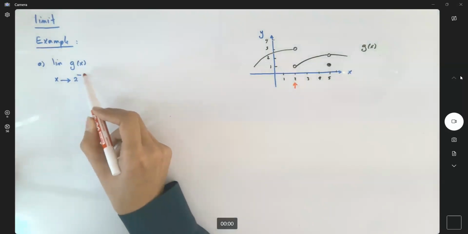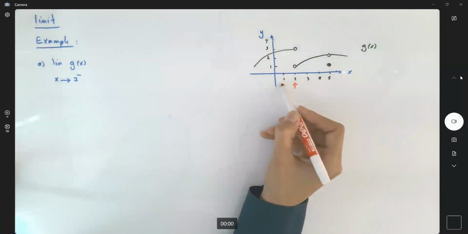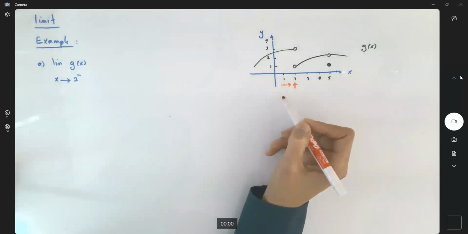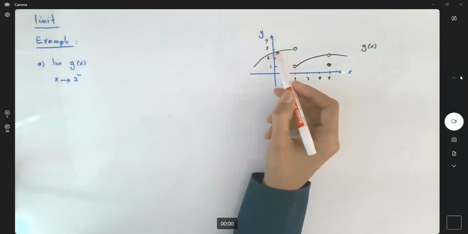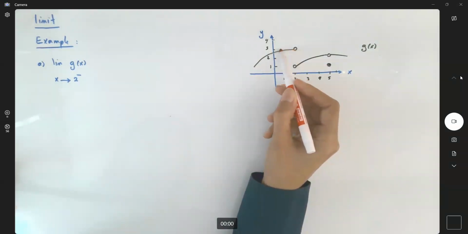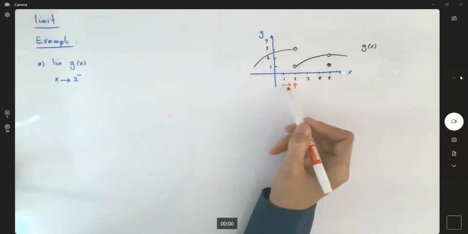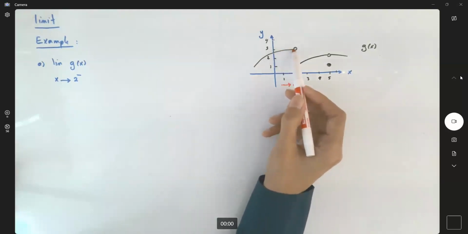This negative sign on top of 2 says, hey, I'm going toward 2 from the left. It means that on the graph, I'm getting closer and closer to 3. So the limit of the function as I approach 2 from the left-hand side is 3.